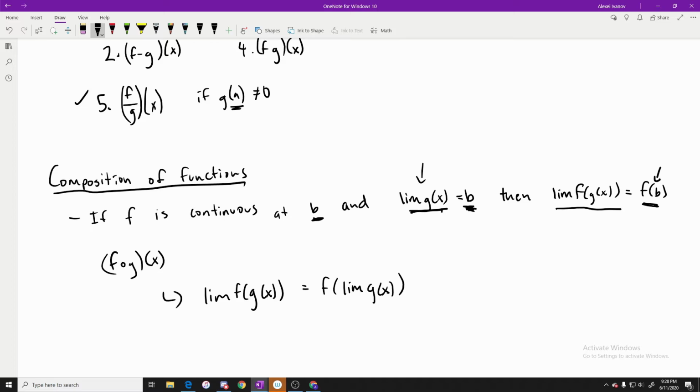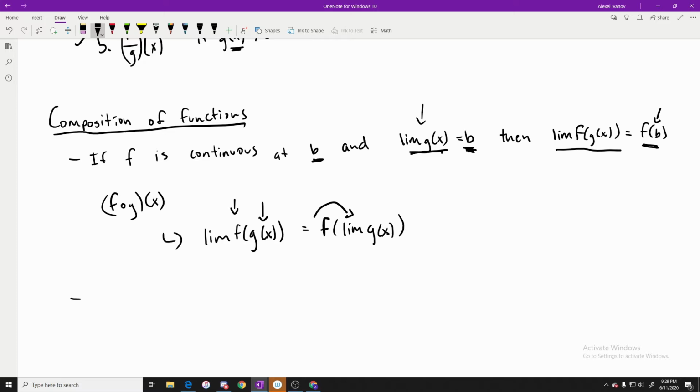Essentially, if f is a continuous function and the limit of g of x at, let's say, x equals a exists, then we can move this limit from the outside of the function inward, and apply the mapping that f does to this entire limit.